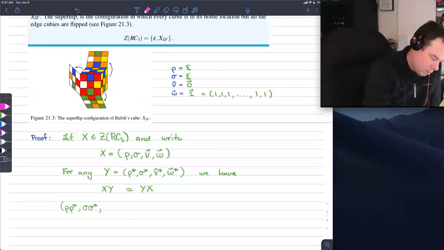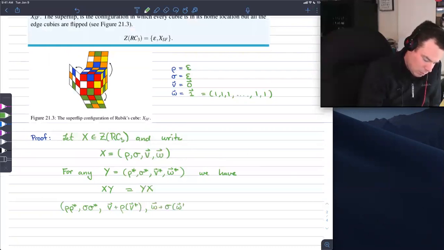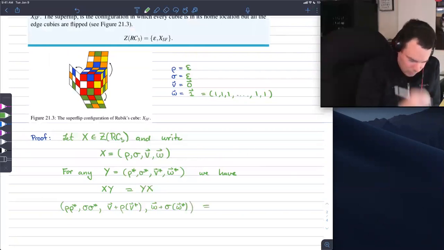So it is going to be V plus rho V star and W plus sigma W star. And then that's equal to the product in the reverse order.